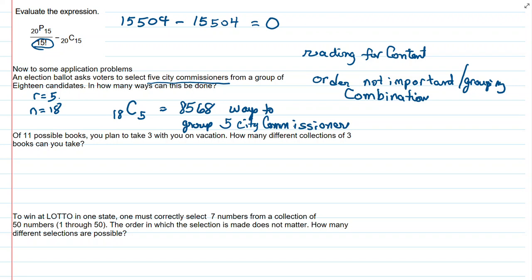Of 11 possible books, so my total quantity is 11. You plan to take 3, or the size of the group that you're taking is 3, on vacation. So this means that it is a group of 3. Therefore, it is a combination.